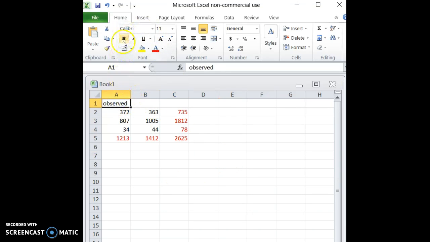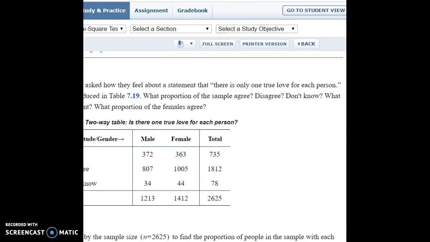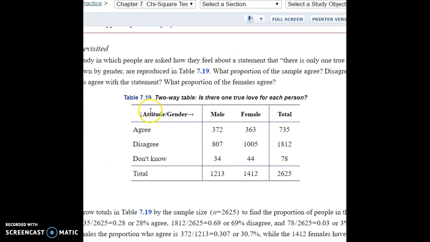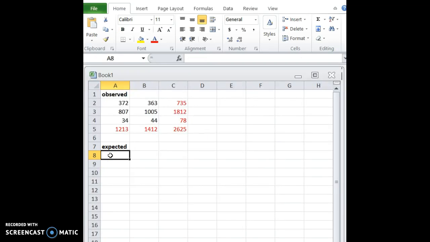Now you notice how these were my observed values. So I can find the expected values, what I would expect if attitude and gender were totally independent. So what I just need to do is take my total for this column and multiply it by the total for the row of this cell, and then divide by the total I have altogether.